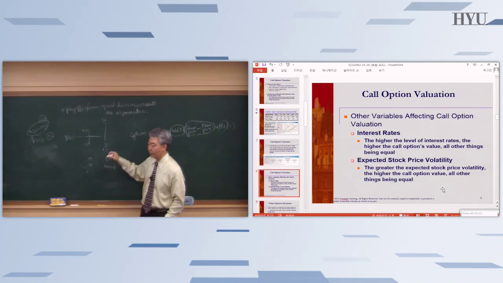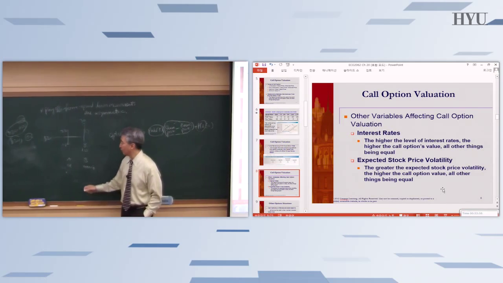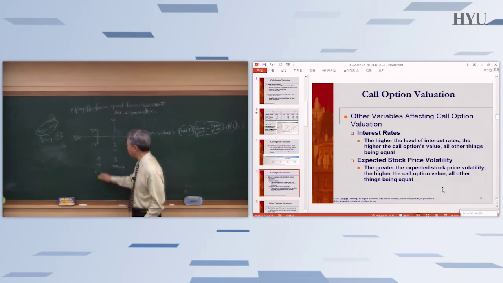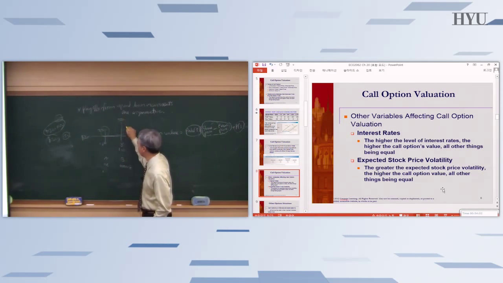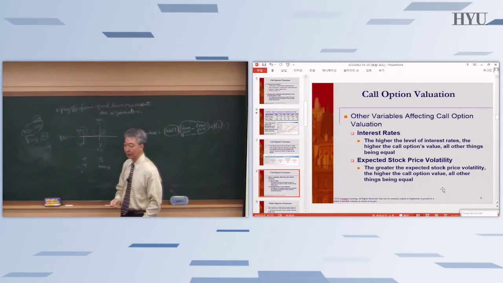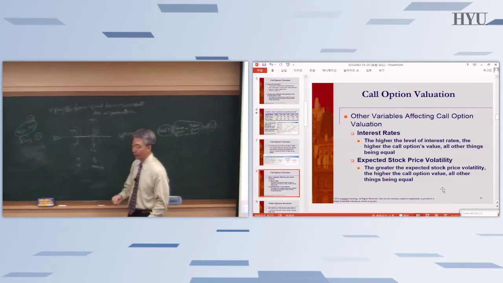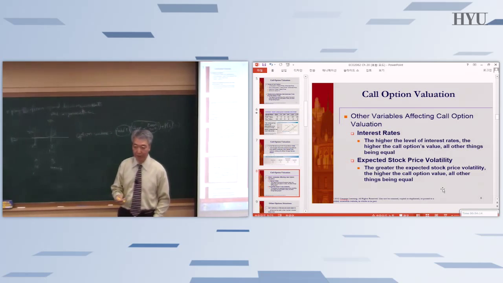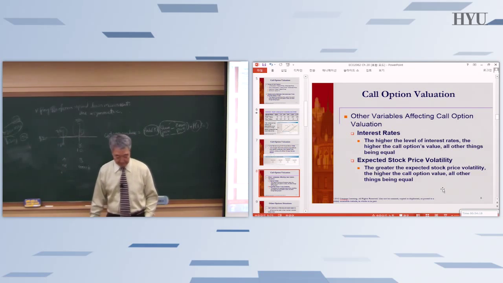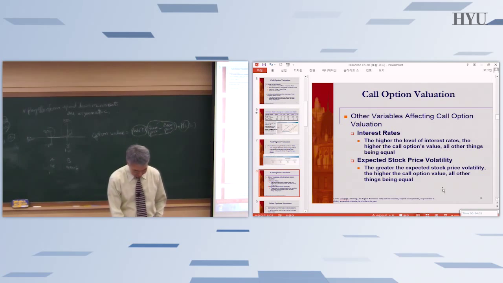Downside doesn't matter, only upside matters. So basically, you're looking at one side. Forget about the downside for the call option holder. So the one with the higher fluctuation has higher option value.